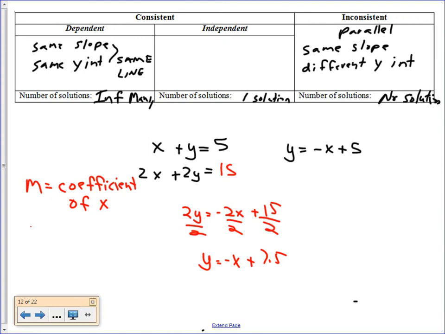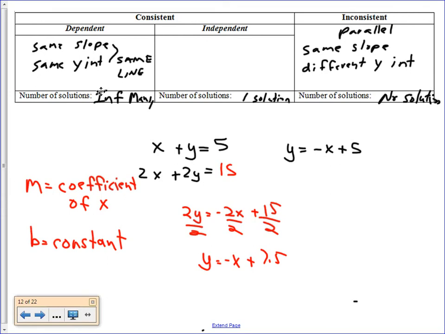What do you call a number that doesn't change? Very good. So b is your constant. So in this example, I have parallel lines that have the same slope and different y-intercepts, and with the same slope and different y-intercepts, we say that system is inconsistent.